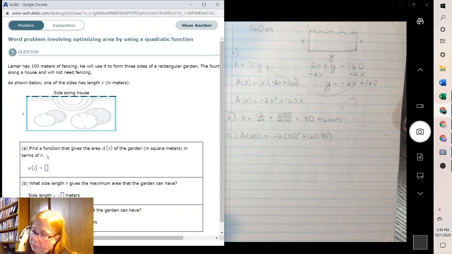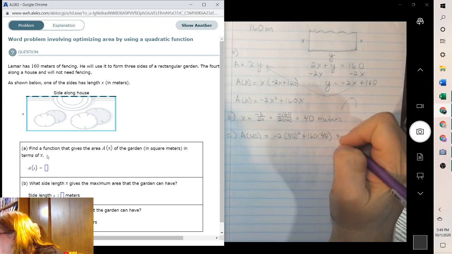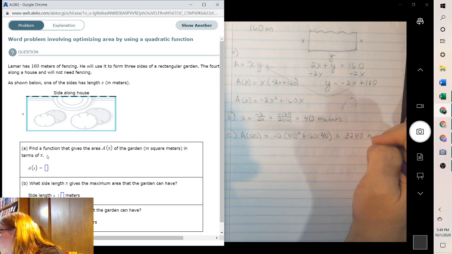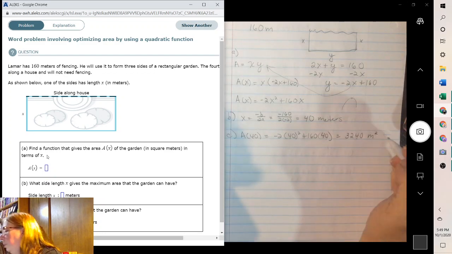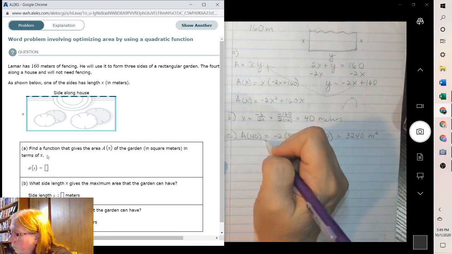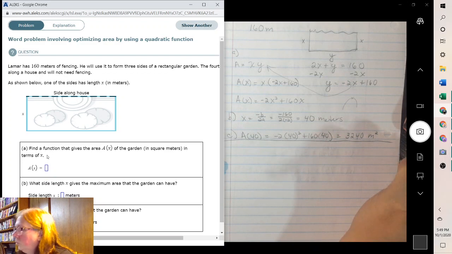Negative 2 times 40 squared plus 160 times 40 is 3240 meters squared, or square meters. Let's try one more.